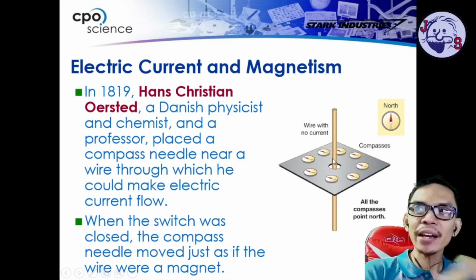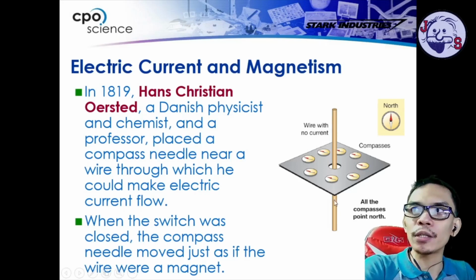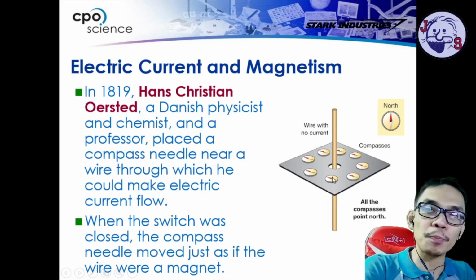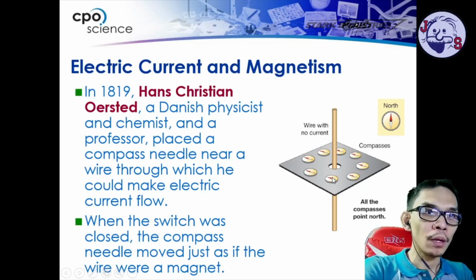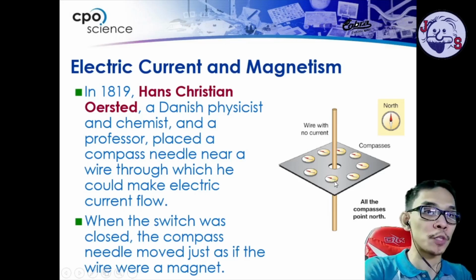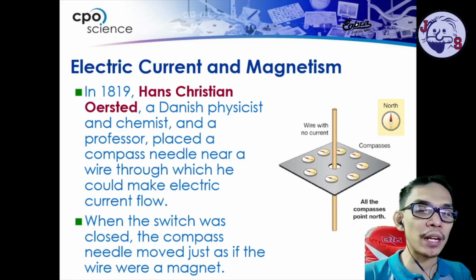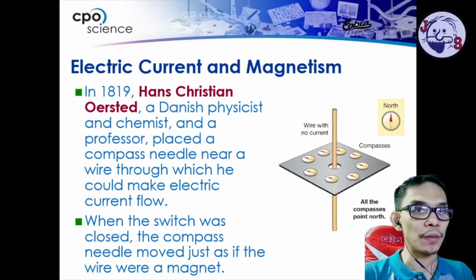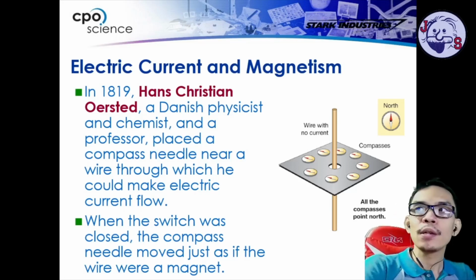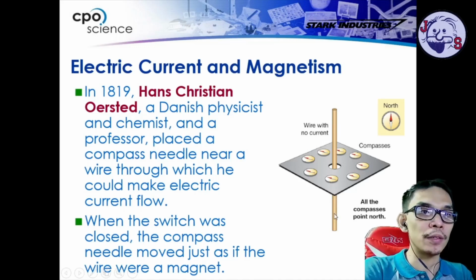The plan was to put current on the wire, and his hypothesis was that the compass should respond if there is a magnetic field around this wire, because the compass is very sensitive to magnetic fields. It follows the magnetic field of the earth. So if this wire creates its own magnetic field, the compass will follow.